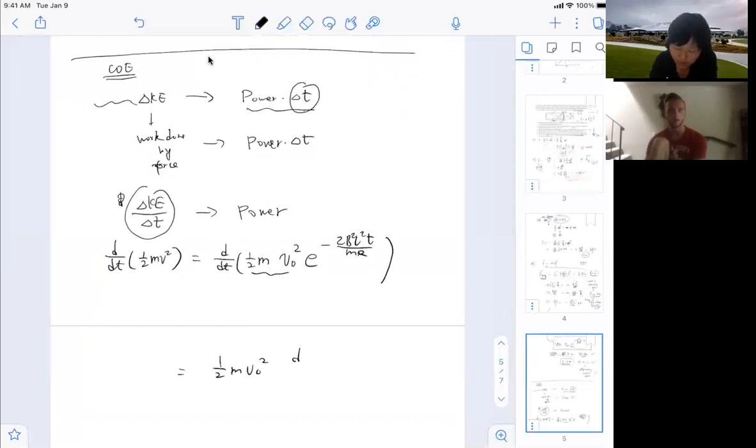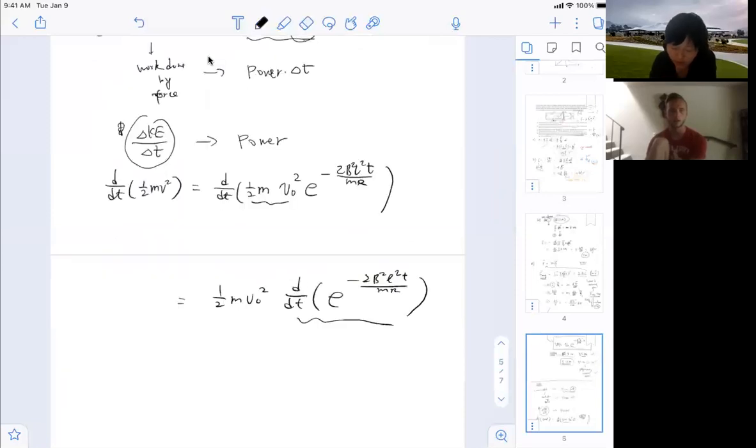So d dt, really just taking the derivative with respect to time. I will get a bunch of constants coming out of this, which is negative 2B squared L squared over mR, e to the same format.